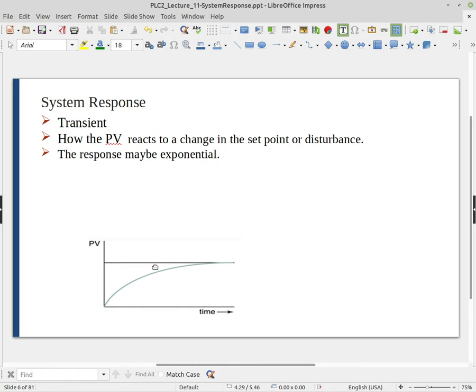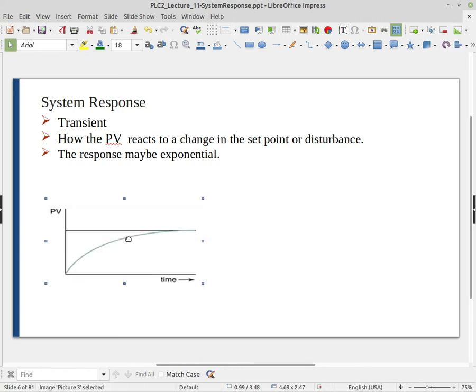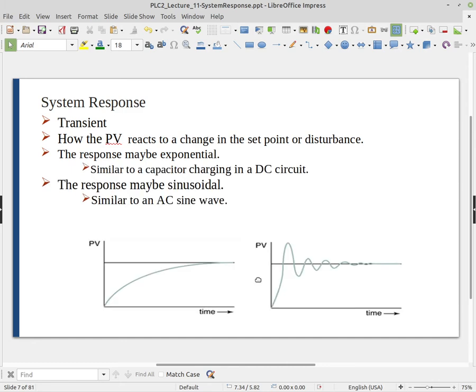And so when we look at this, it's actually a first order system here. So we have the process variable versus time. The whole point of transient is we're looking at how it's going to change over time. All right, and so when it changes, you can see the example here on the left side. This is a very slow change. This is what we call an overdamped response. It's very slow and it takes a long time.